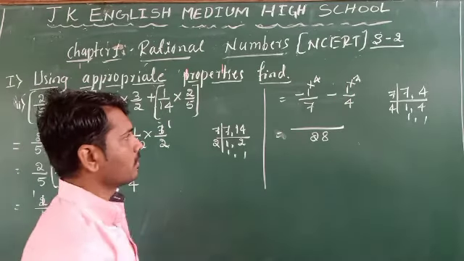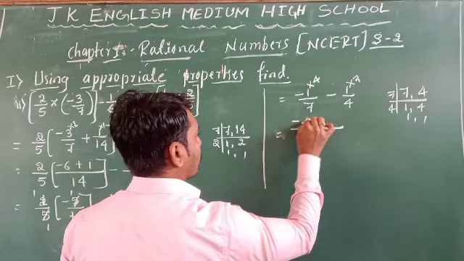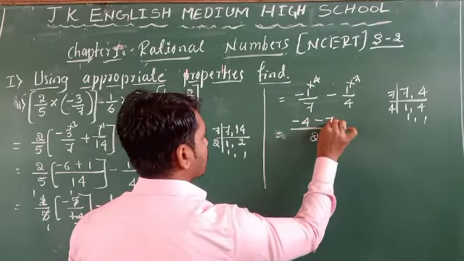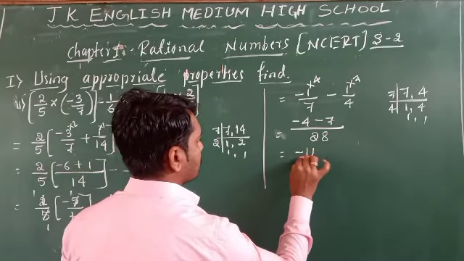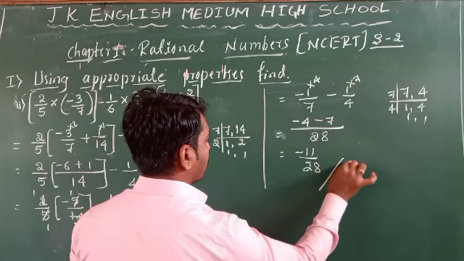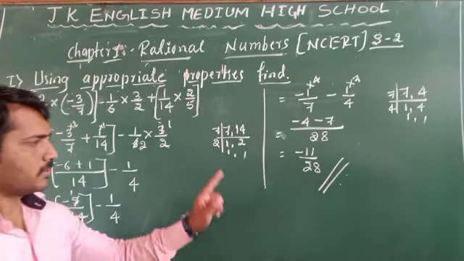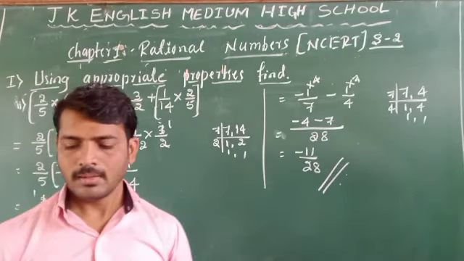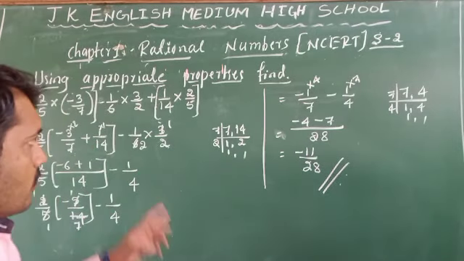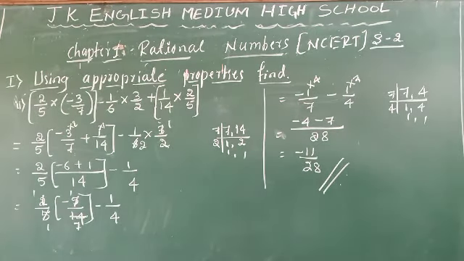Next, 4 ones are 4, 7 ones are 7, minus 11 divided by 28. So this is your final answer. Okay, just copy that answer.